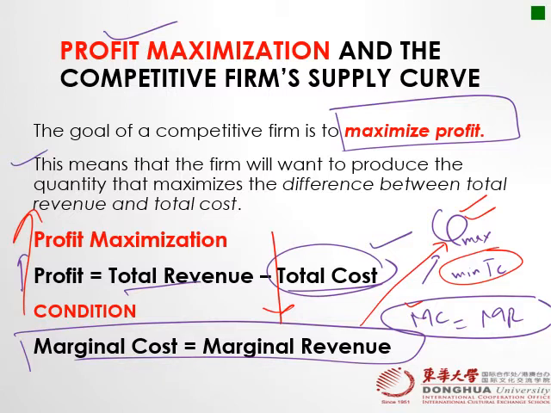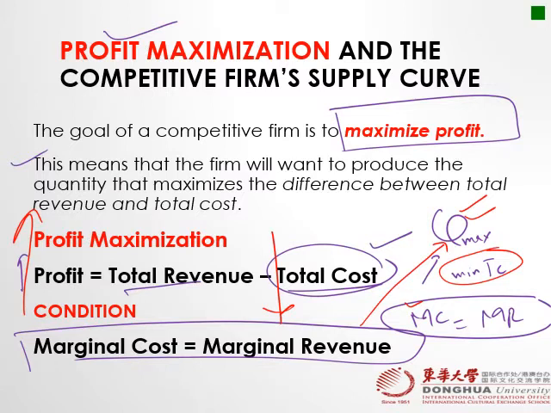And the economists found this condition: marginal cost is equal to marginal revenue. MC is equal to MR is the condition where you can find the quantity that maximizes the profit or minimizes the cost.